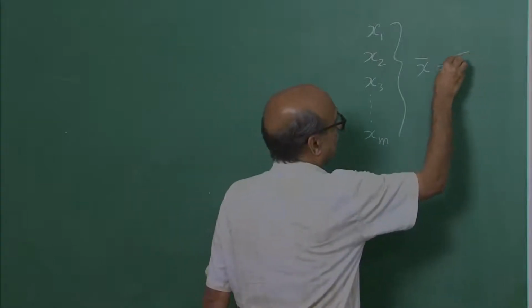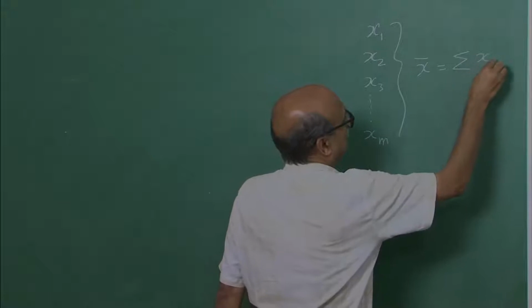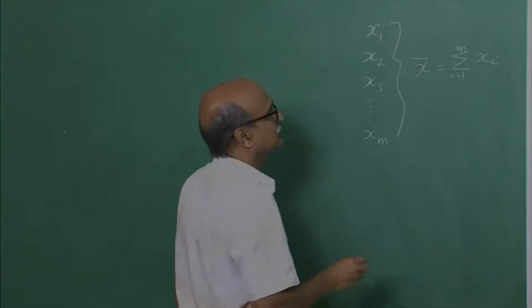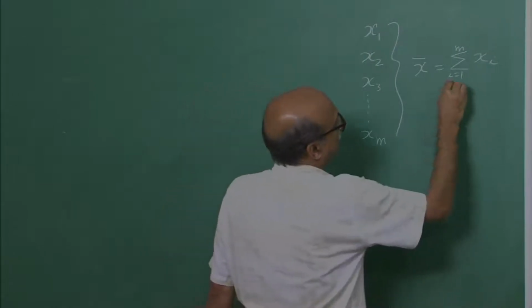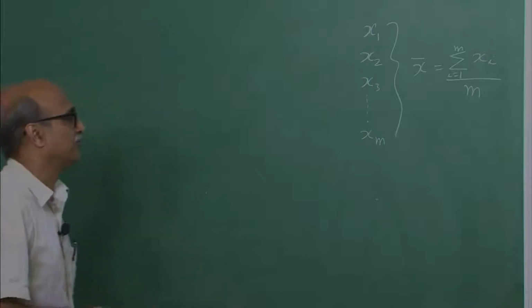So, I can write x bar, the average value, as the sum of xi's from i equals 1 to m divided by the number of measurements I have made.